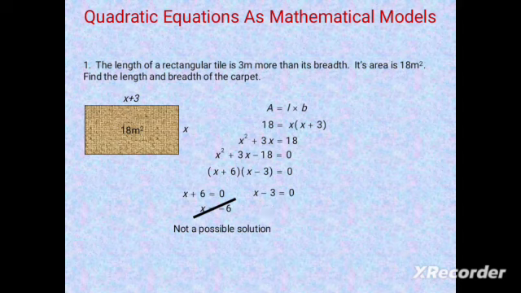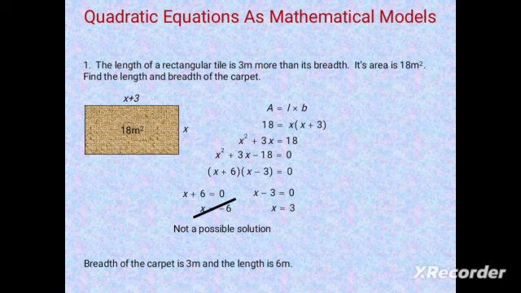So first part, having that x is equal to negative 6, and you know very well that the length of this rectangle cannot be stated in negative, and so we rule out negative. So it is not a possible solution for the length. So we consider x minus 3 equal to 0, which will give us x is equal to 3.